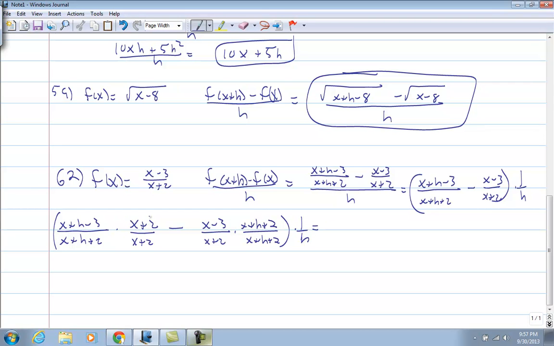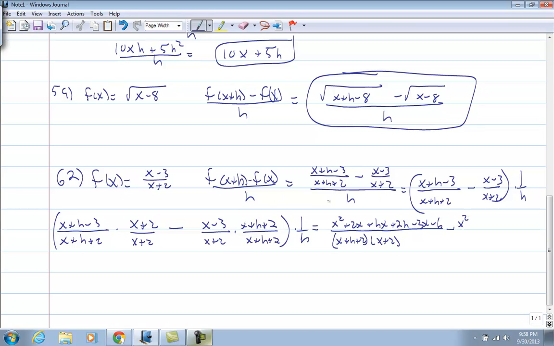So x times x is x squared. X times 2 is 2x plus 2x. H times x is hx. H times 2 is 2h. Negative 3 times x is minus 3x. Negative 3 times 2 is minus 6. And that's all over this common denominator of x plus h plus 2 times x plus 2. Minus x times x is x squared.